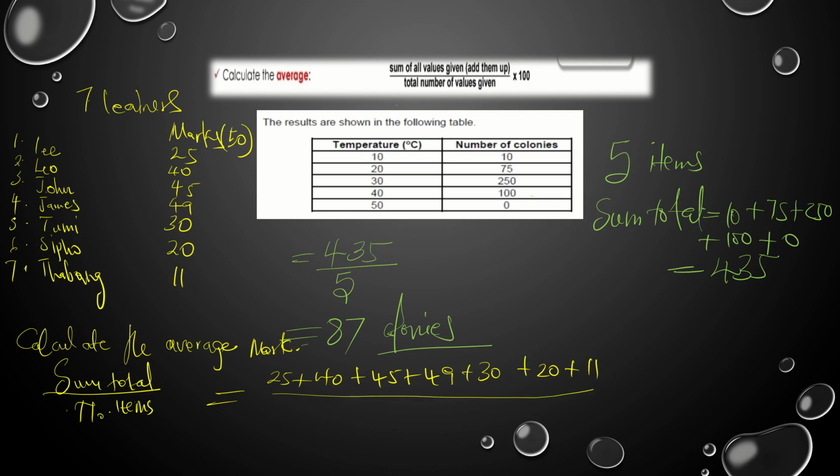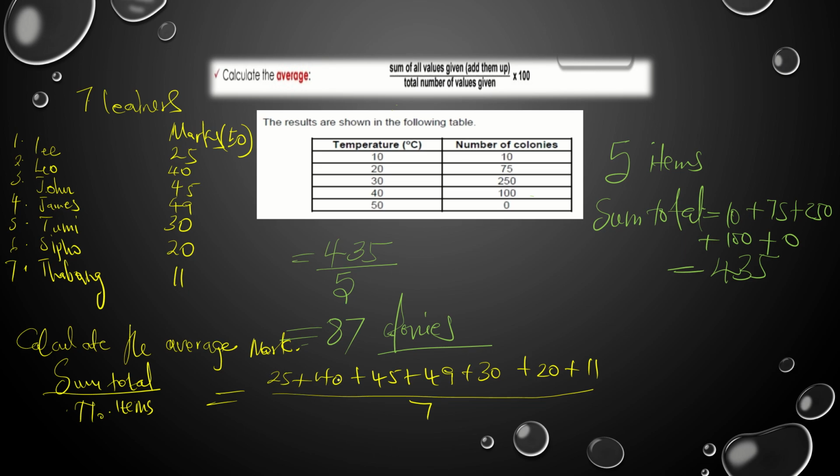Then divide by how many items or how many learners. We have 1, 2, 3, 4, 5, 6, 7. We have 7. When you're done adding the sum of everything, count the values, 1, 2, 3, 4, 5, 6, 7. Then you divide by 7.